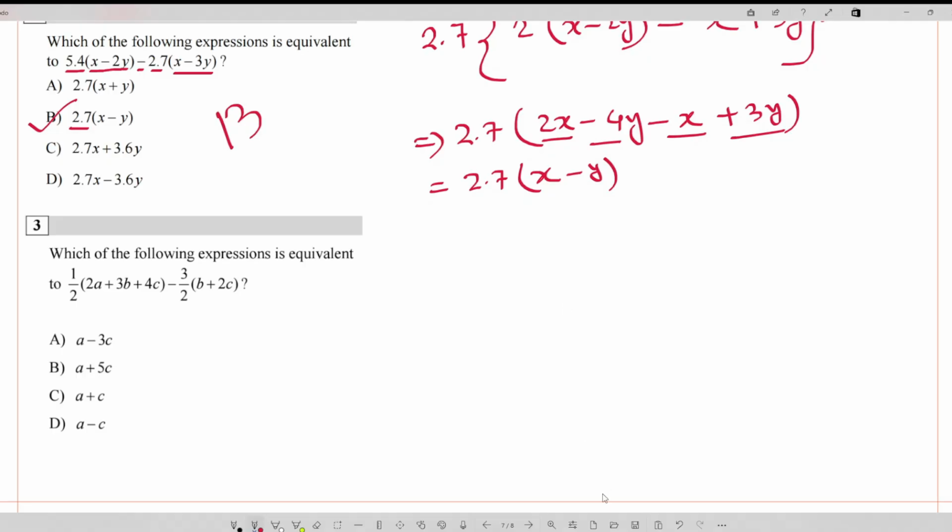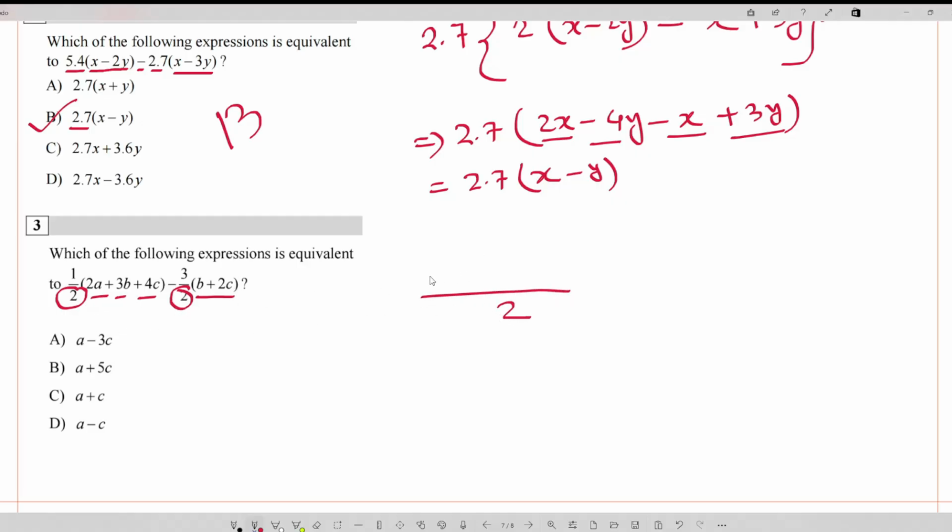Number 3. Which of the following expressions is equivalent to 1 divided by 2 times (2a plus 3b plus 4c) minus 3 divided by 2 times (b plus 2c)? Look, here the denominator is 2 and here is also 2, so our LCM is 2.